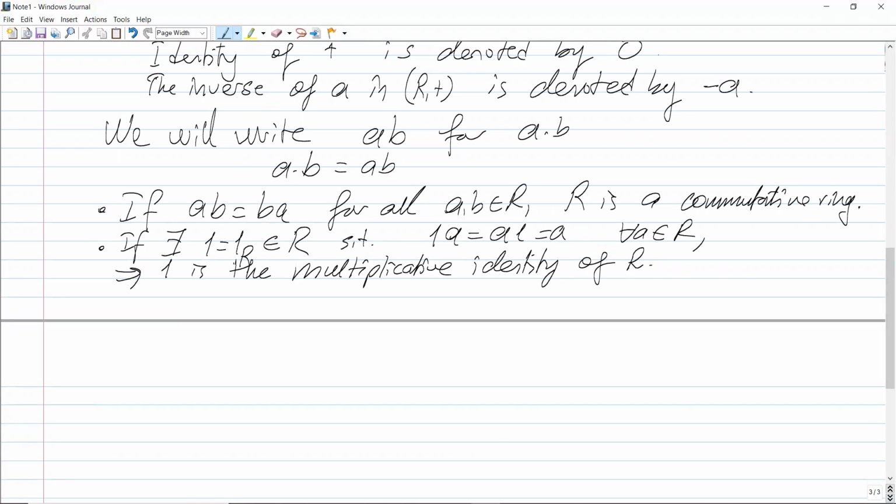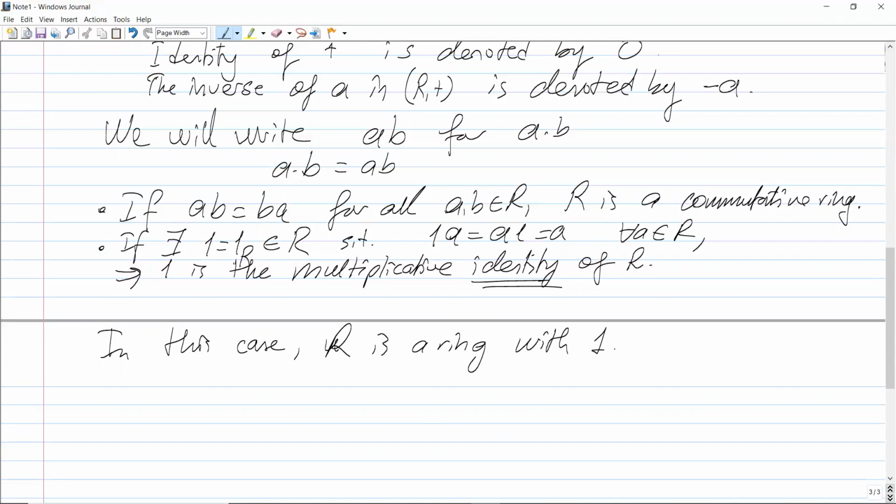And in this case, we say that R is a ring with one, if there is a multiplicative identity. R is a ring with one, with identity.